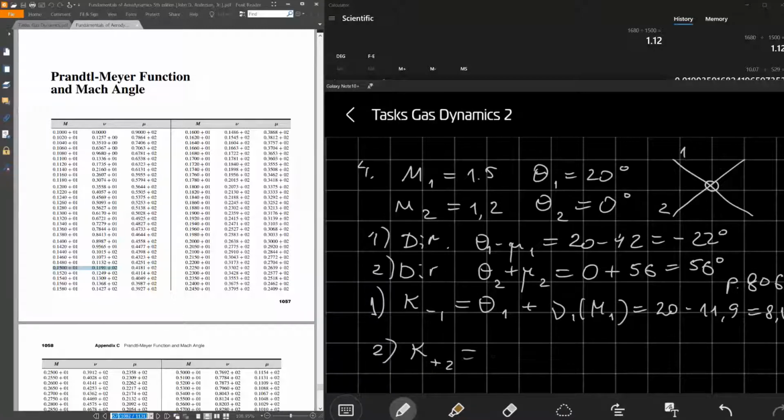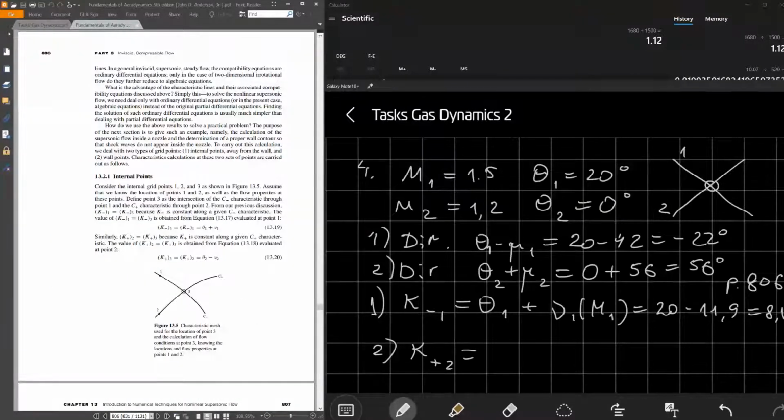Just to confirm the formula, I think it's theta minus nu, but we just go and see. Page 806. Yeah, it's theta minus nu. So I will write theta 2 minus nu 2, and this is a function of Mach number 2.